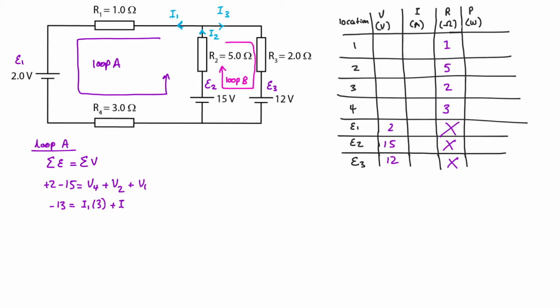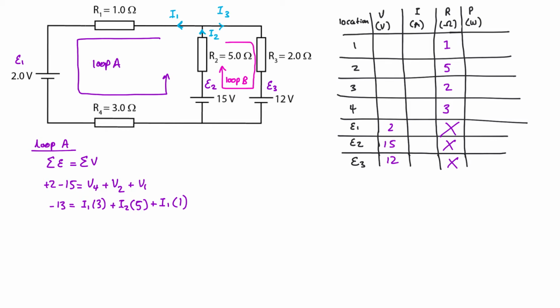So this is I2 times 5, 5 being the resistance 2, plus, it's going to keep going, and for voltage 1, my current is going in this direction, so that's I1. My loop is also assuming that current is going in the same direction, so I can use a positive value. That's going to be I1 times 1.